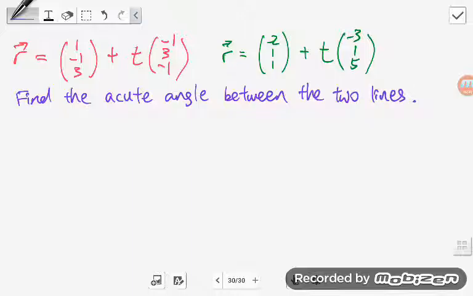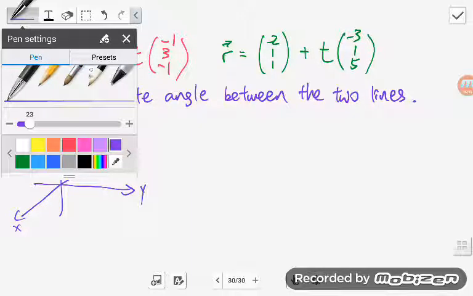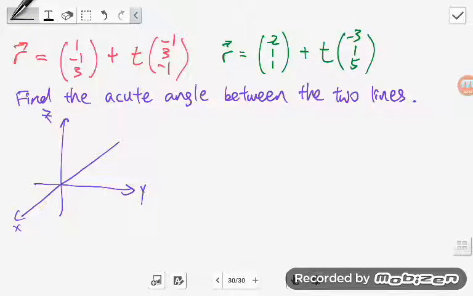So this is crazy, right? This line is in 3D, so if you think about it, say this is my x-axis, my y-axis, my z-axis, and I have, let me use black, a line in 3D that comes out like that, and then another line. We call this line 1 and line 2.